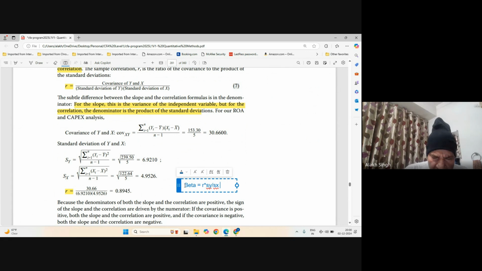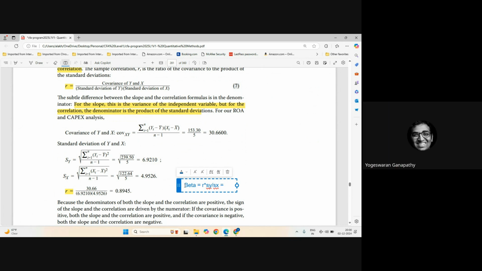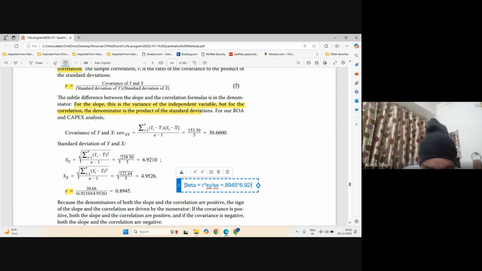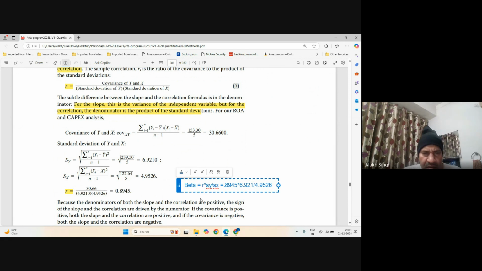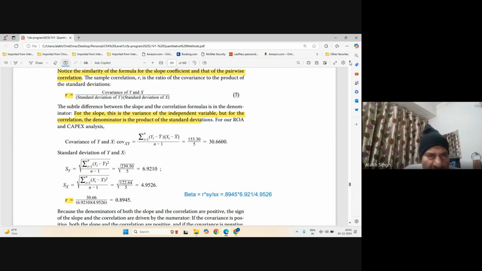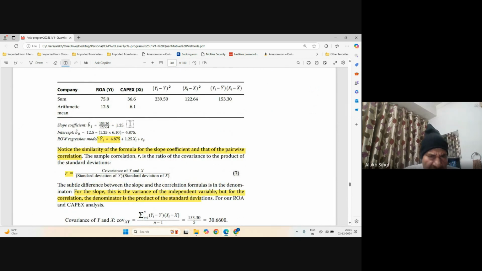So R is 0.8945 times Sy, which is 6.92, divided by Sx, which is 4.9526. Did you get this? 1.25. Yeah, so that is what beta is. Here is the 1.25. Let's go up. Yes, here, beta 1.25.